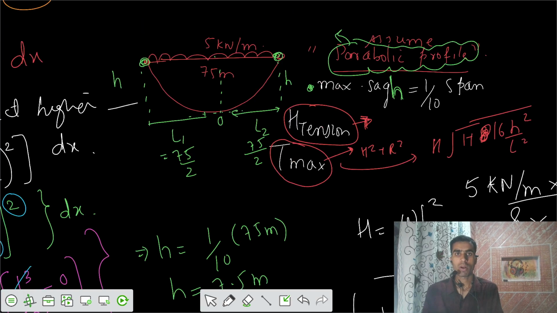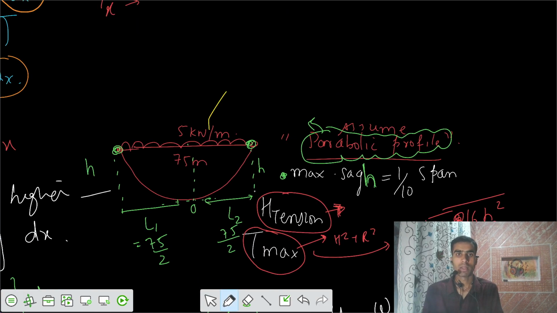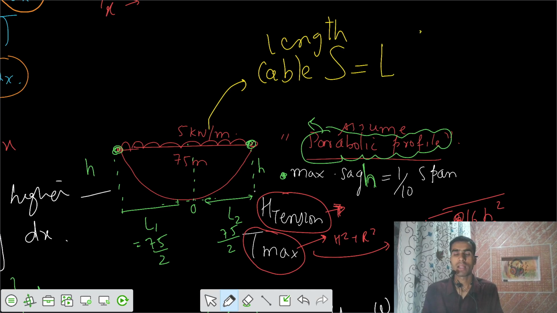One more part is saying to get the total length of the cable. Can you get the value of the total length of the cable? The relation is L times 1 plus 8 by 3 S square by L square. Now substitute the values.